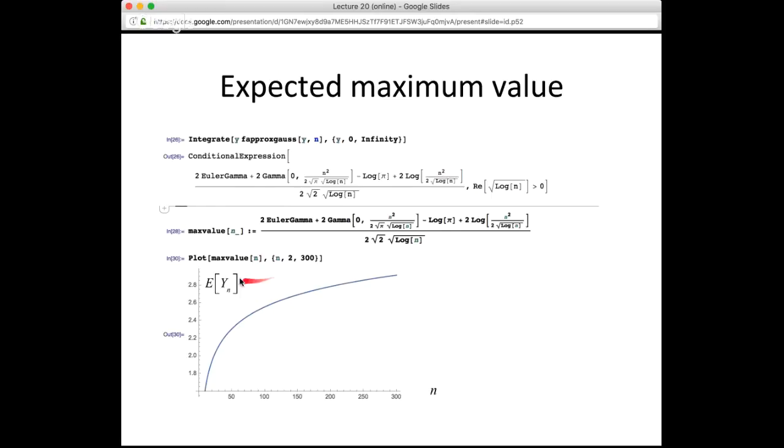And so I can plot then that maximum value. So I've just defined this function, maximum value. So that's my expected value of the extreme using the asymptotic distribution for the standard normal. Plotted that against the sample size. And yep, indeed, you can see that when we get out to about 100, our expected value is about 2.5 or so, which is exactly what we saw.